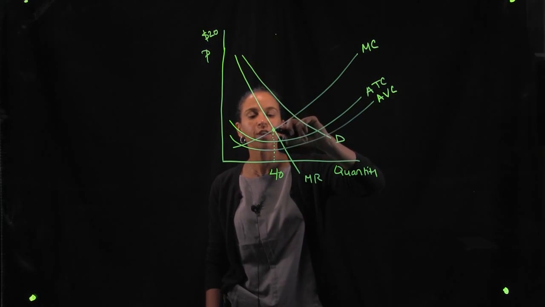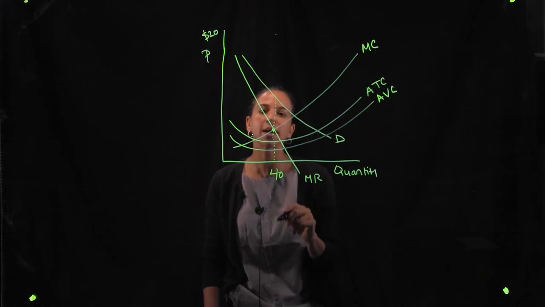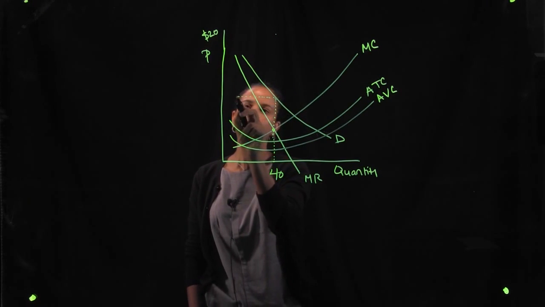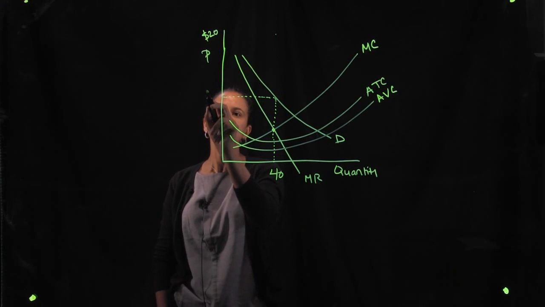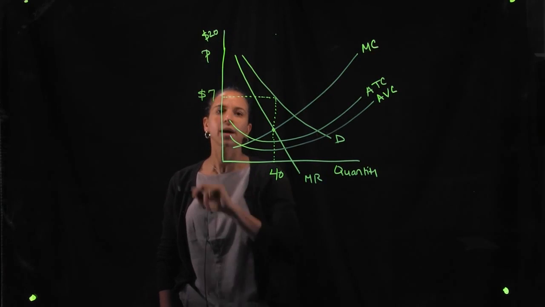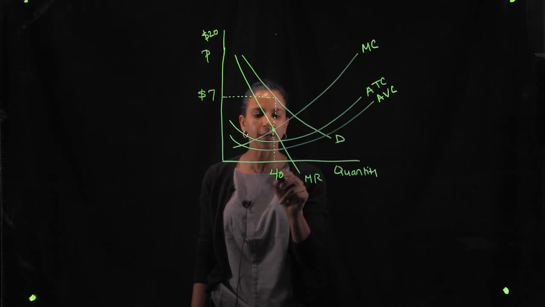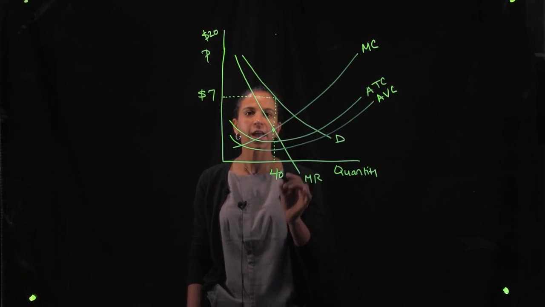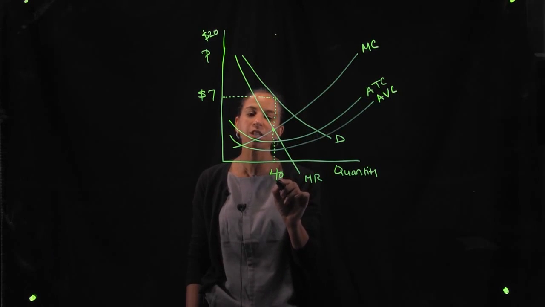To figure out the price they're going to charge, you go up to the demand curve and see what the price is here. Let's say the price happens to be $7. So a monopolist is going to charge a price that is higher than what we found in perfect competition, and the output is going to be lower.